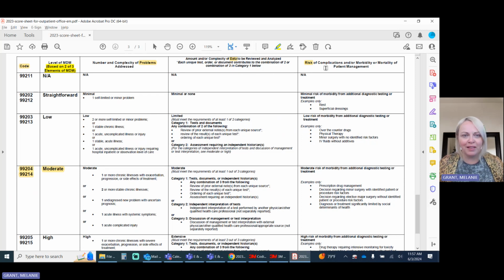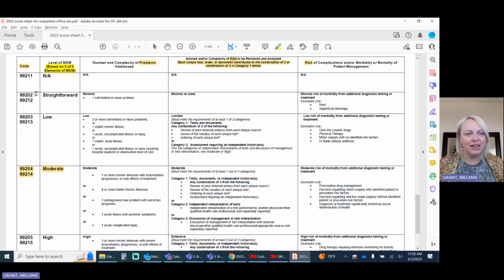So those are our three elements of medical decision making. When we're looking at the amount and complexity of data to be reviewed and analyzed, they have this nice little phrase here with this little star: each unique test, order, or document contributes to the combination of 2 or combination of 3 in category 1 below. Now that's not confusing at all.